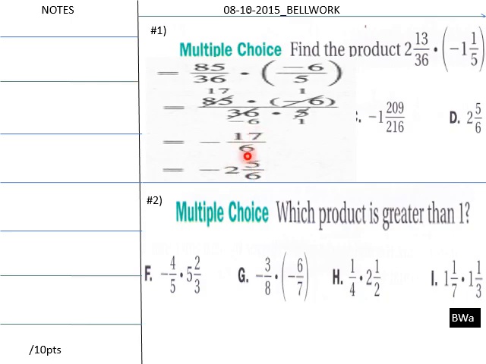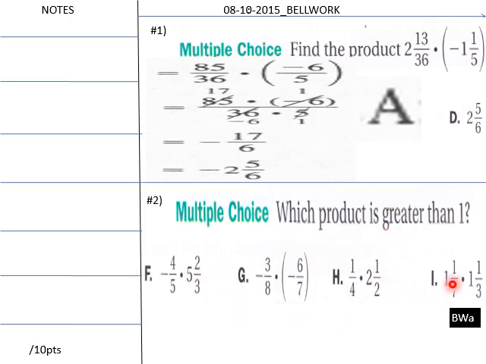And then this simplifies to negative 6 goes into 17, it'd be 2 and 5/6, and negative 2 and 5/6. So the correct answer would be negative 2 and 5/6. And then down here, which product is greater than 1?